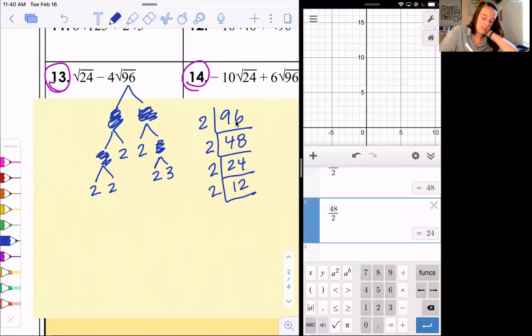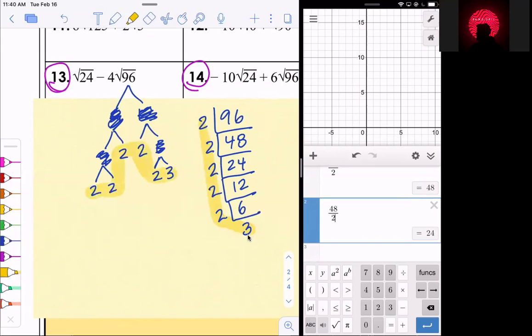Divide that by 2, I get 6. Divide that by 2, I get 3. And now that I have a prime number here, I have all of the numbers. And all of these numbers are going to be the same as these numbers that you got here. So you have 1, 2, 3, 4, 5 2s and a 3 and a 3. Do you see how they're like 2 methods to get you to the same idea?